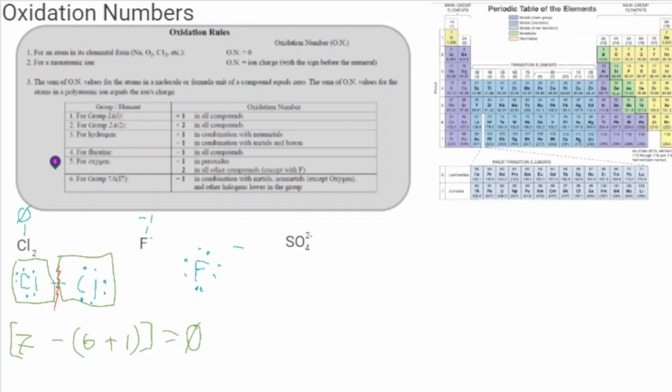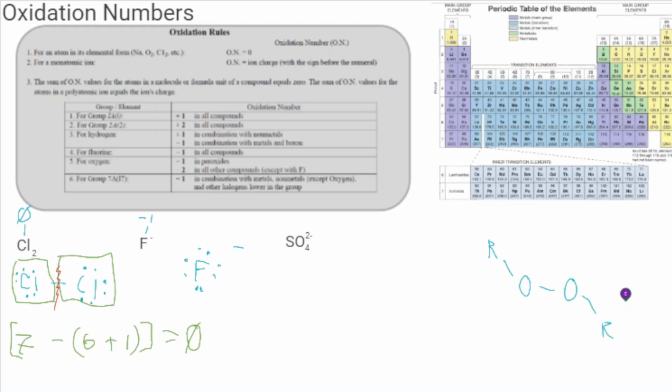Alright, so if an oxygen's in a peroxide, it's a -1. Little note about peroxides: if you have a peroxide, that's simply some species bonded with an oxygen, then that oxygen is bonded with another oxygen, and then there are some other species. So R is just representative of anything else.